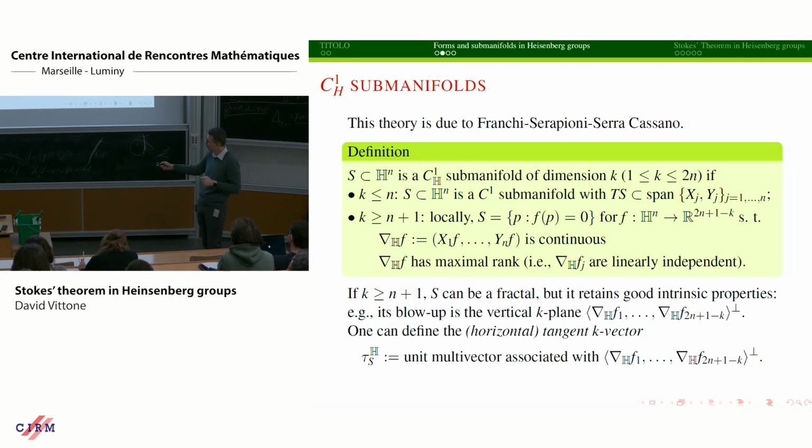Of course, this is defined up to a sign. Also pay attention to this terminology, because this horizontal tangent vector is in fact vertical, as it contains the direction t. So this "horizontal" might sometimes be misleading.